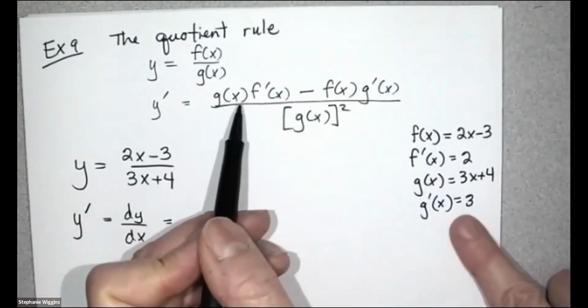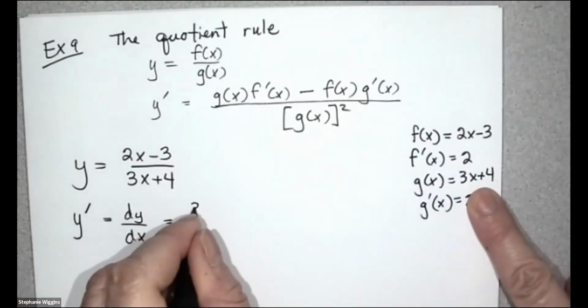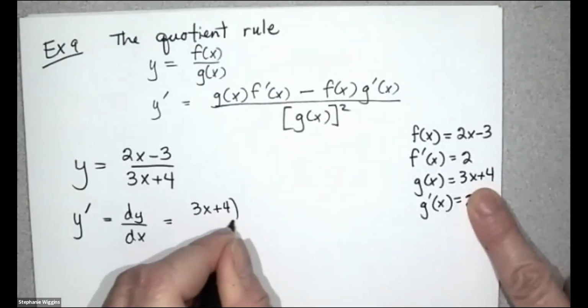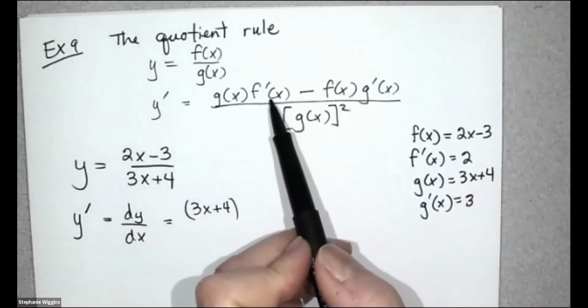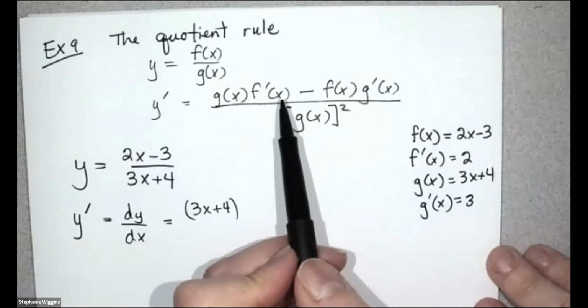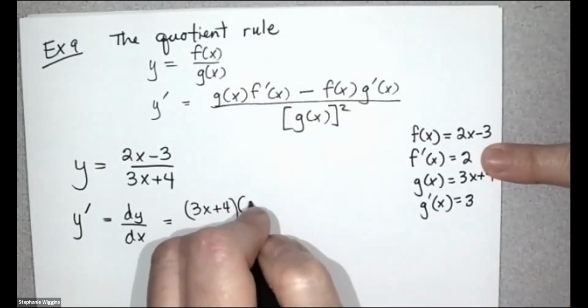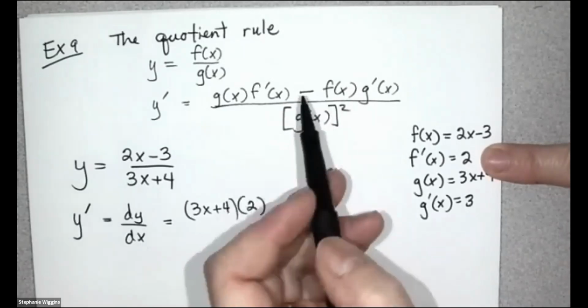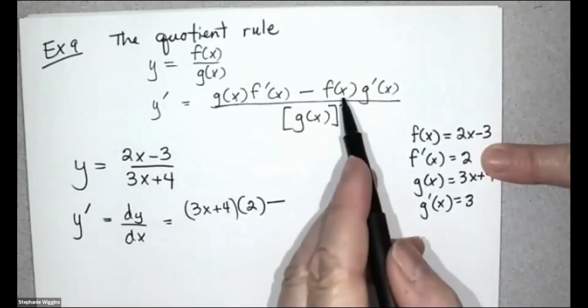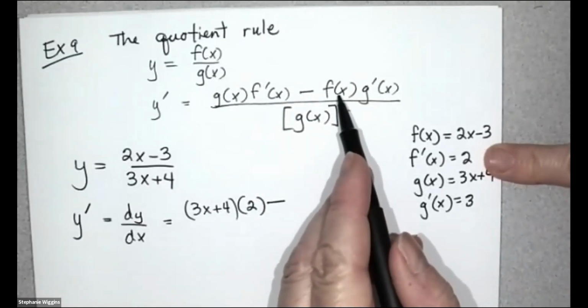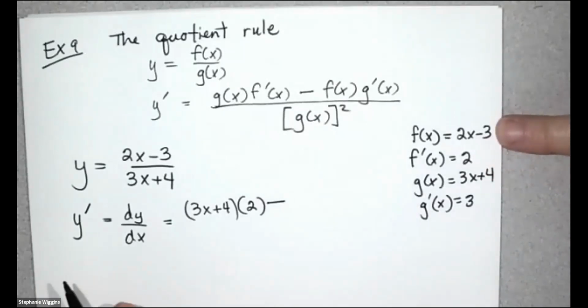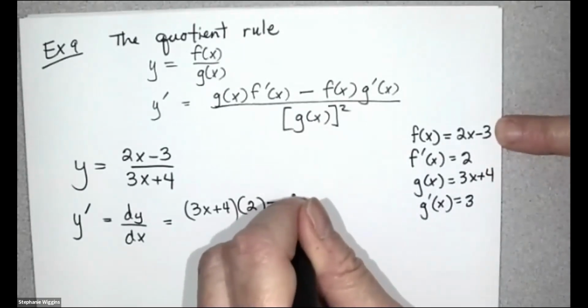So g of x is 3x plus 4. That is multiplied by f prime of x, which is 2. Then I subtract the top function, which is 2x minus 3. That's my f of x.